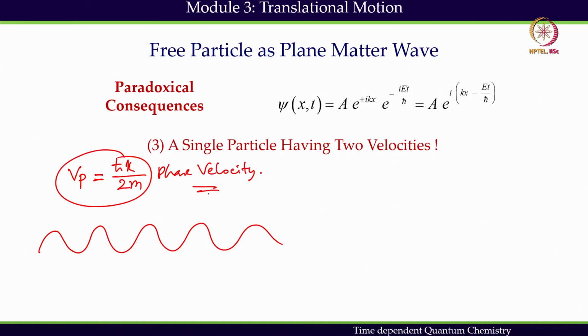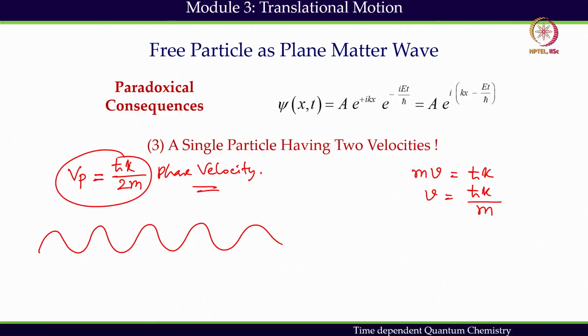On the other hand, we can calculate the momentum, and momentum we have already calculated to be h cut k, or velocity is going to be then h cut k by m. So, two different calculations of the velocity is giving me entirely two different results. A single particle traveling on one dimensional space with two different velocities. How come it is possible?